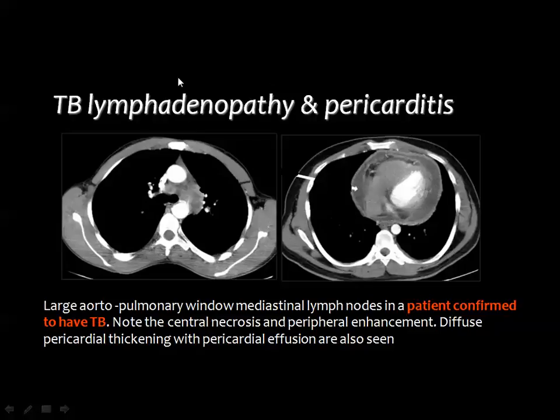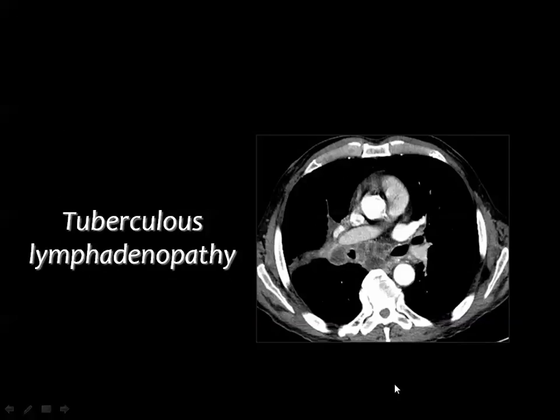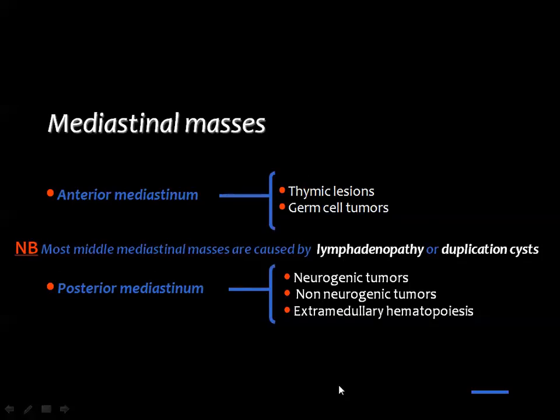And this is TB lymphadenopathy and also TB pericarditis. Another example of tuberculous lymphadenopathy in the subcarinal group, you see some of the lymph nodes that are centrally necrotic and marginally enhanced.